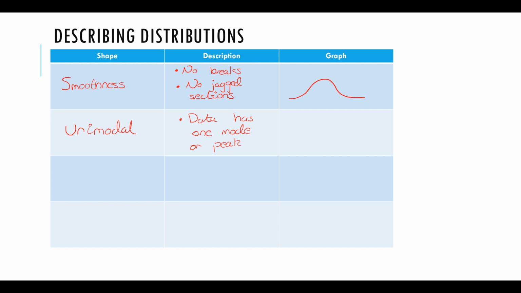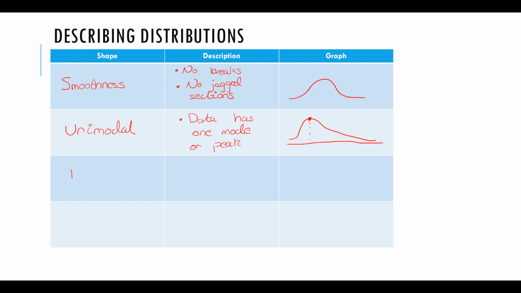So I'll try and do it slightly differently to the one above. It could look something like that. One peak right at the start here. So there's just one mode. We would read it off on the horizontal axis down the bottom. So uni means one, so unimodal, one mode. Think of a unicycle, it's got one wheel.